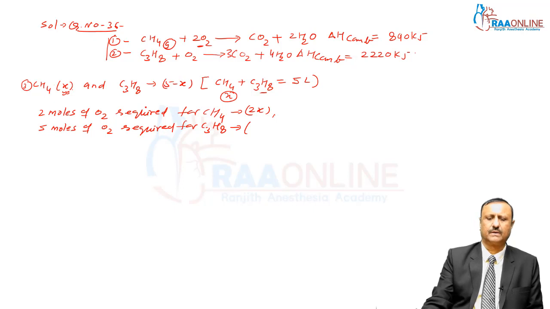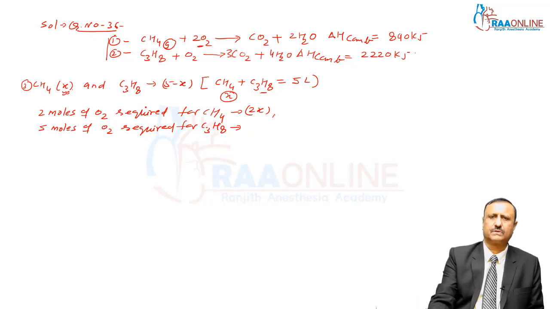So it is called 5 minus 5x. Because 5 moles of oxygen is required, here you can see the equation. 3 2s are 6 oxygen, plus 4 oxygen. So 6 plus 4 is 10. So here 5 2s are 10. 5 moles of oxygen is required by this 1 mole of propane.